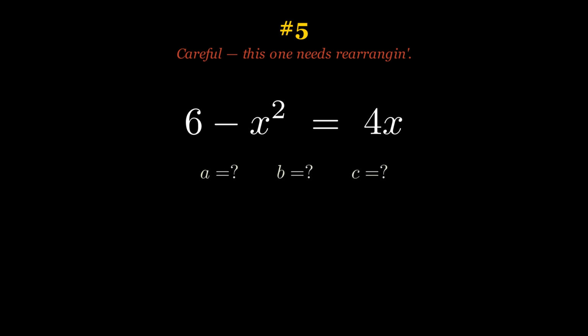Number 5. 6 minus x squared equals 4x. Careful now, this one needs rearranging.